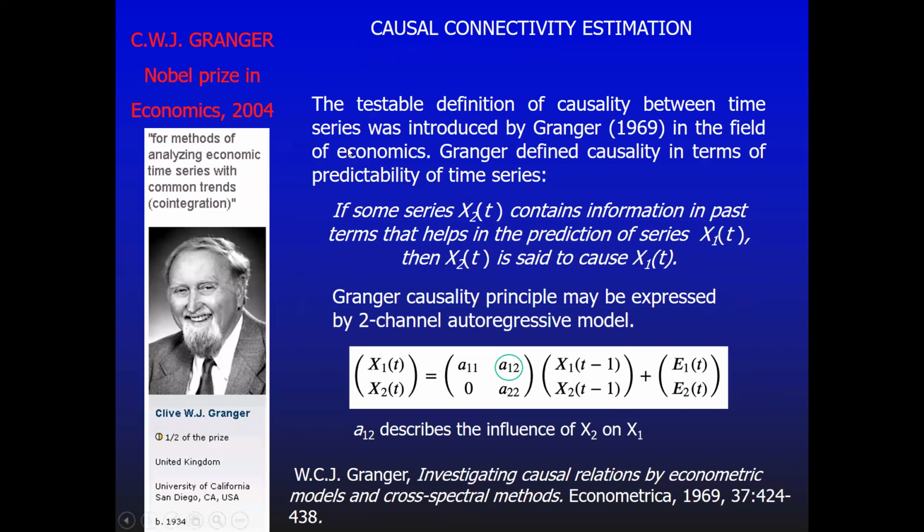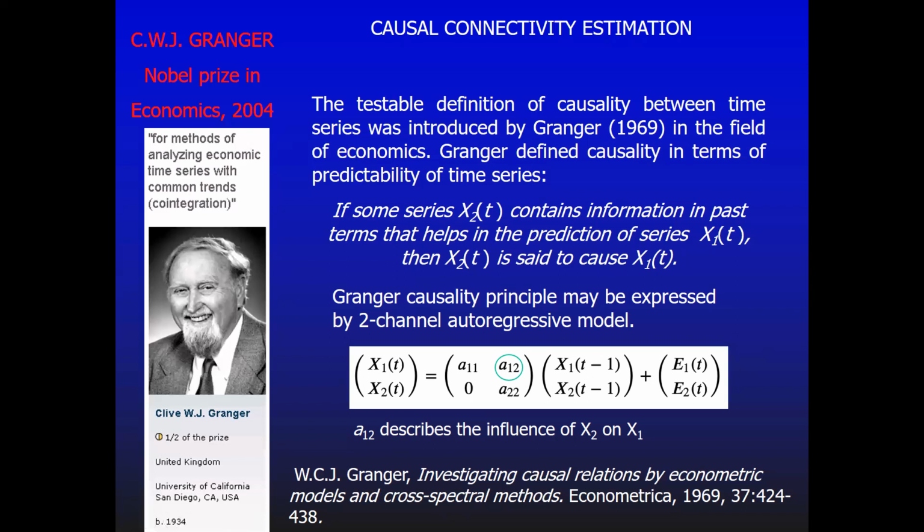The testable definition of causality between time series was introduced by Granger in the field of economics. Granger defined causality in terms of predictability of time series. So if some series X2 contains information in its past that helps in the prediction of series X1, then X2 is said to cause X1.